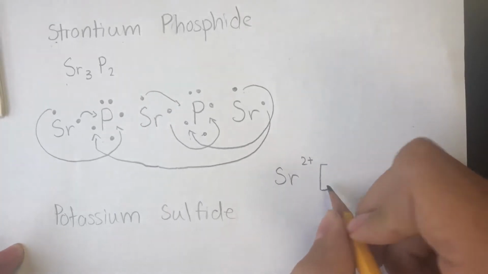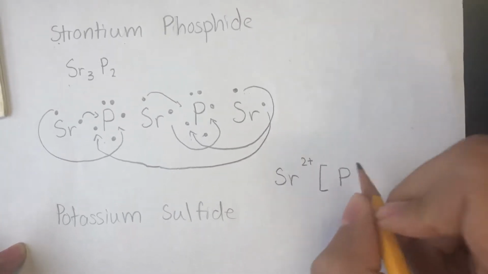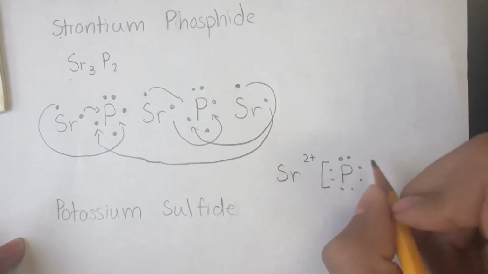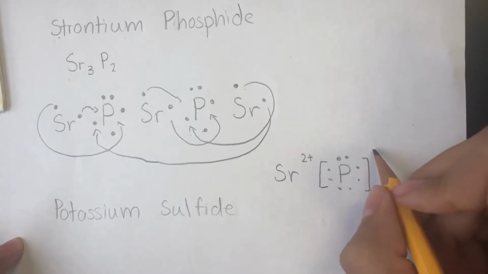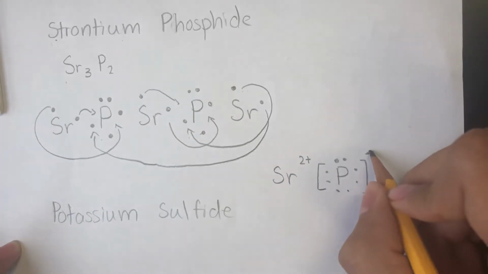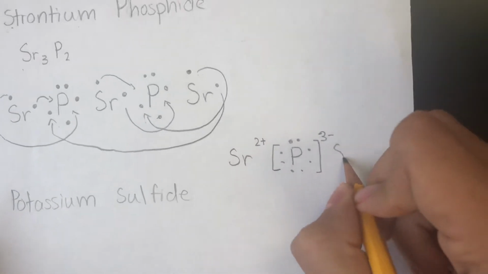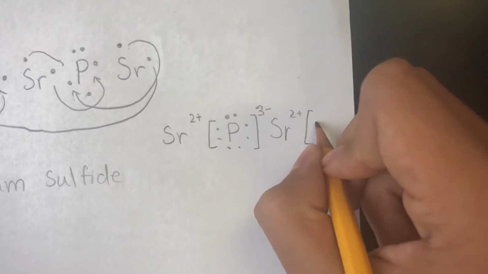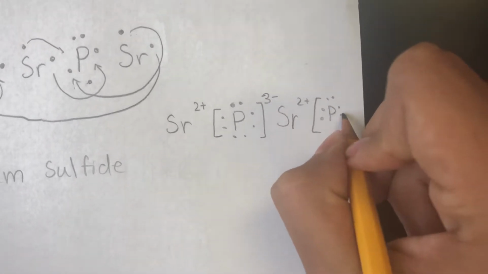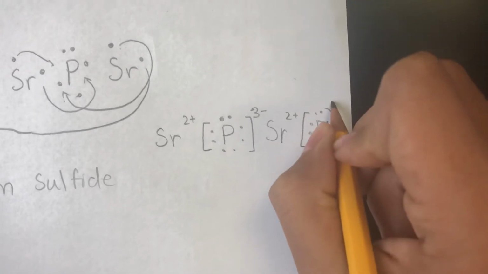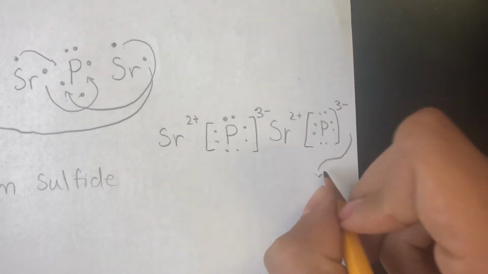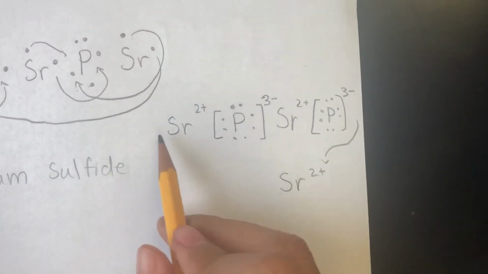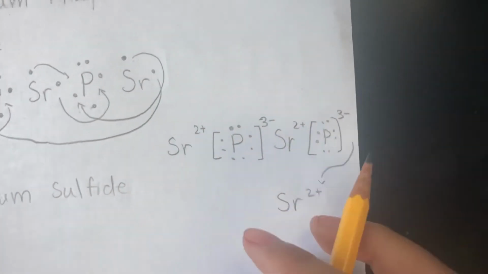And now with brackets, we're going to do phosphorus with 8 dots because it took away 3, with 3 negative, and then we just keep going, 2 plus, and then let's pretend that this is on the same line. And that's how you write the Ionic Lewis dot structure.